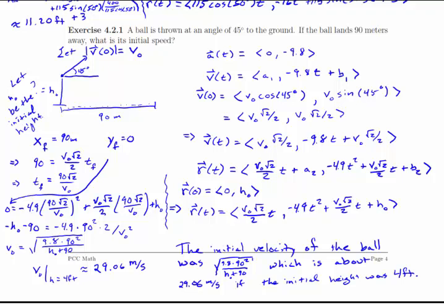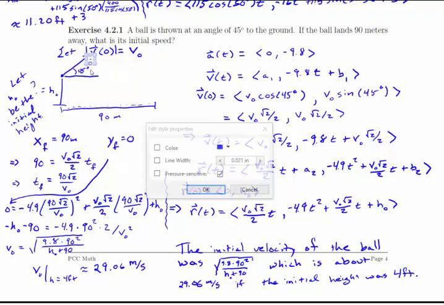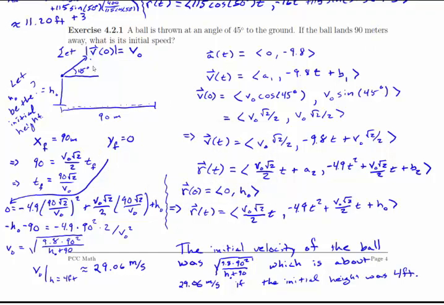Just looking at our picture, we don't know what v naught is, but we can still say that my initial velocity is, component-wise, that the y component is v naught times sine of 45, and the x component is v naught times the cosine of 45 degrees. We know cosine and sine of 45 degrees are both square root of 2 over 2, so I've plugged those in to use those values here.